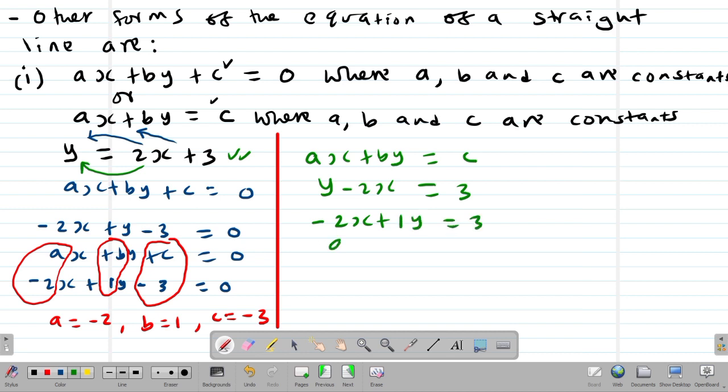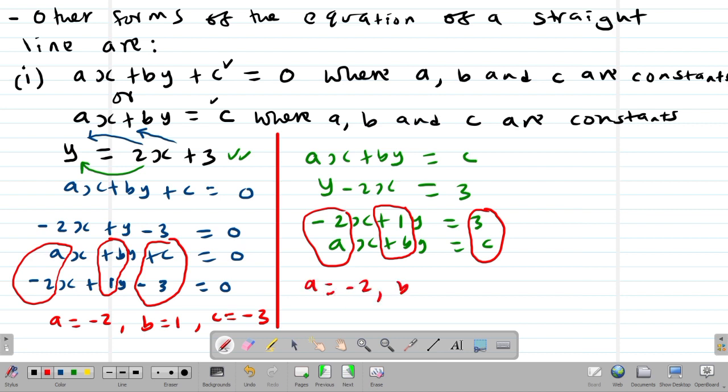So it is exactly in the form ax plus by is equals to c. Clearly, the value of a will be negative 2, the value of b will be positive 1, then the value of c will be positive 3. Therefore, for this case, a is equals to negative 2, b is equals to positive 1, then c is equals to positive 3. So those are the other forms.